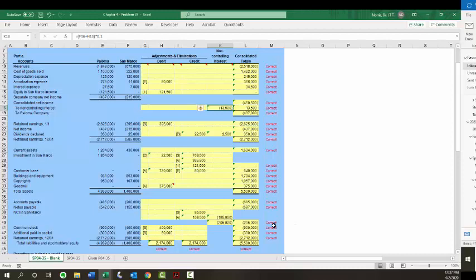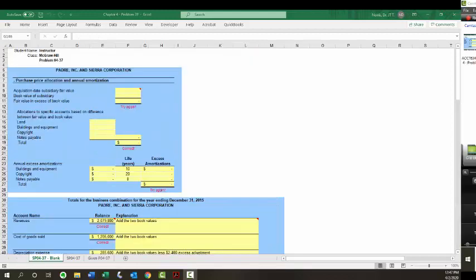That adds up to $265. That comes over as a separate reported credit in the stockholders' equity section of the balance sheet. All right, so that's it for problem number 37.